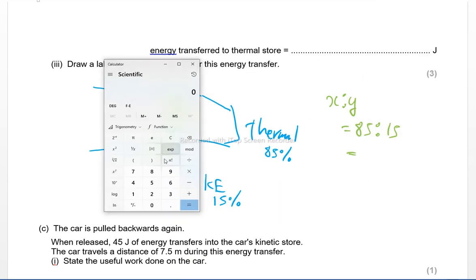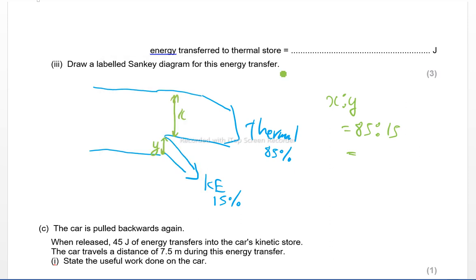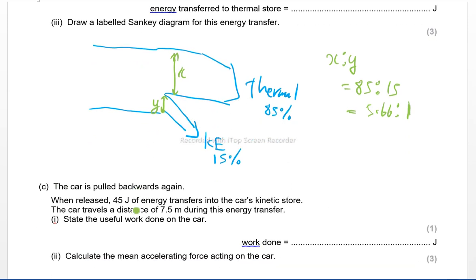I'll just divide 85 by 15. I get the answer as 5.666, so 5.66 is to 1. If I take y as 1 centimeter, x has to be 5.66 centimeters, children. So that is expected on a Sankey diagram. Okay, right. Moving to the next question.